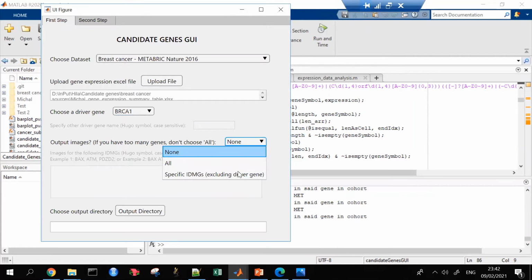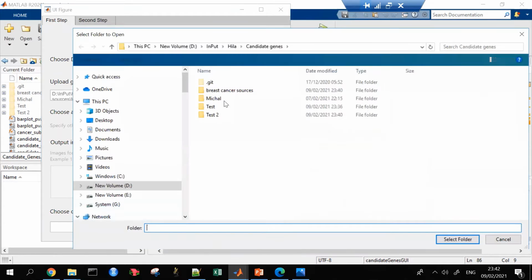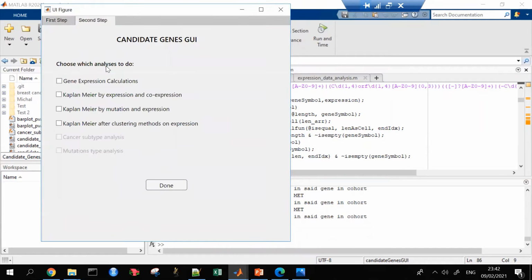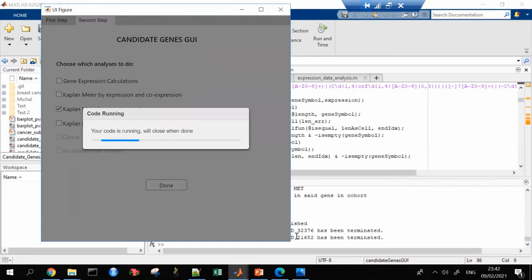Output images: I've already outputted the images beforehand, so this time I will not print any images. Output directory, let's say test2. Select folder. Second step, Kaplan Meier by mutation and expression, and we will click done.